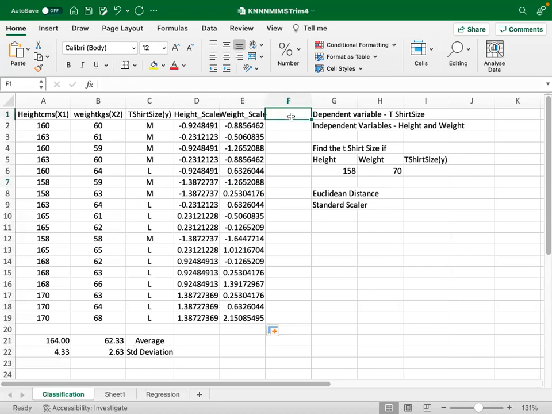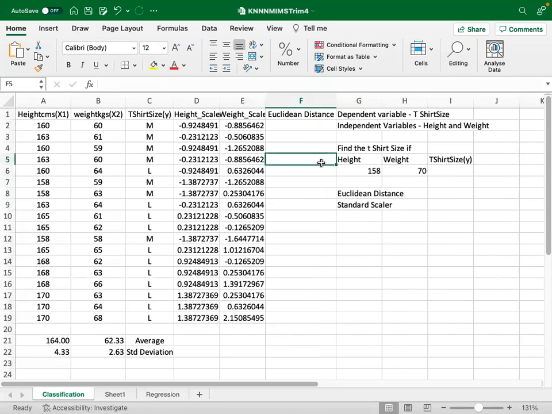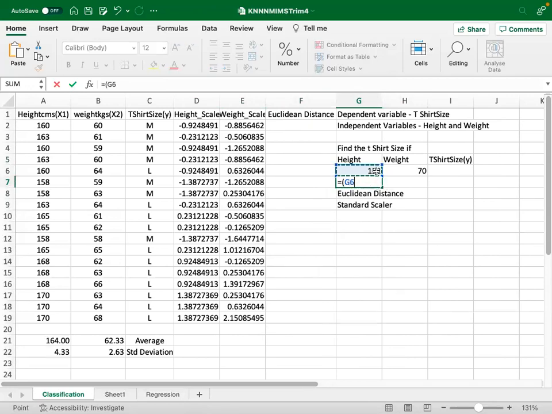Now we will calculate the Euclidean distance. Before that, we have to scale these two also, because these values also have to be scaled, right? That means is equal to 158 minus 164 divided by 4.33.